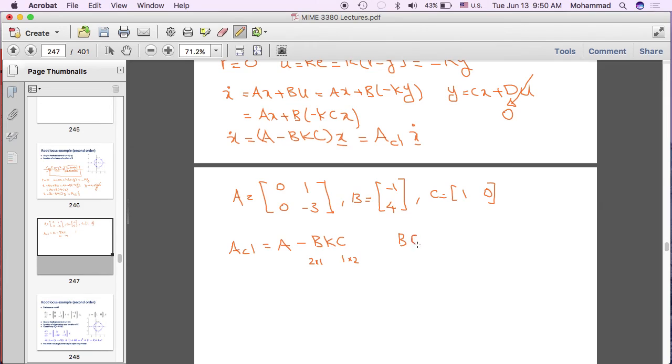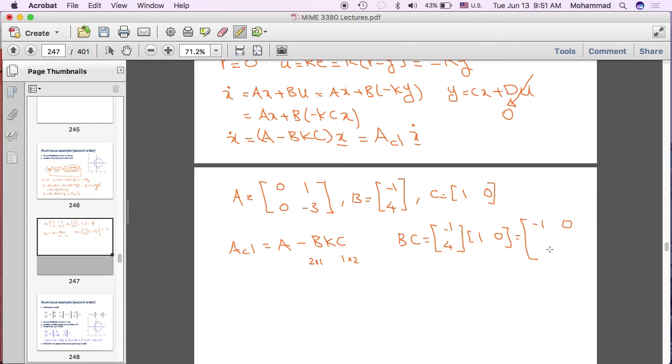So B times C is going to be minus 1, 4 times 1, 0. Row 1, column 1, minus 1. Row 1, column 2, 0.